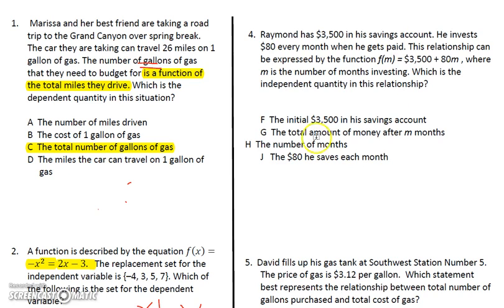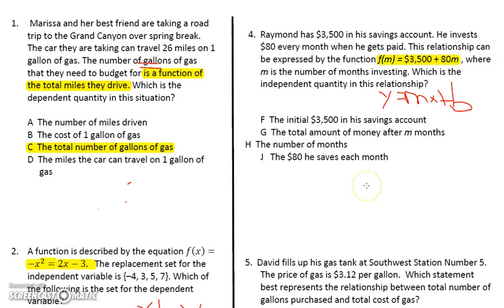Now, I look again. We're talking about dependent and independent. And now it says that Raymond is saving this amount of money, and this is my function over here. And what do we know? If I want to graph this function, I don't put it like this in the calculator. This looks like something that I already know as mx plus b.